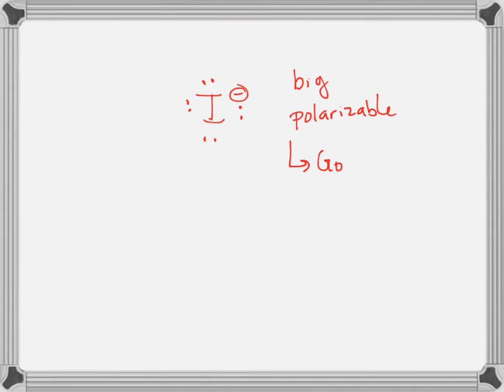How is its base strength? Why is it a very weak base? If it acts as a base, it forms HI. What is HI? A strong acid, by definition, dissociates the other direction.